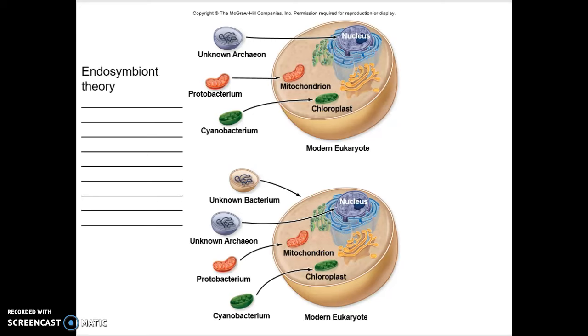So the endosymbiont theory states an original cell, some kind of unknown archaea type of cell, a single-celled prokaryote, started incorporating other bacteria inside of it. Now, it could have happened through eating, or perhaps this primitive archaean cell ate a cyanobacteria, some other bacteria that was running photosynthesis, and instead of digestion, they started working together.